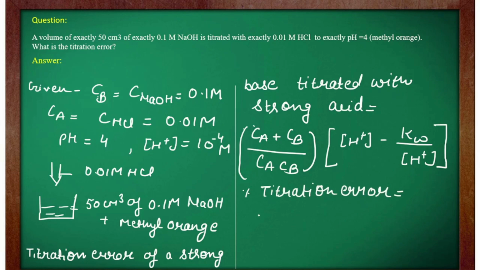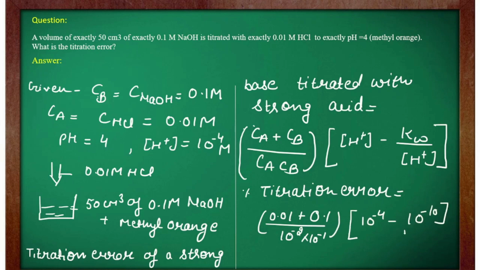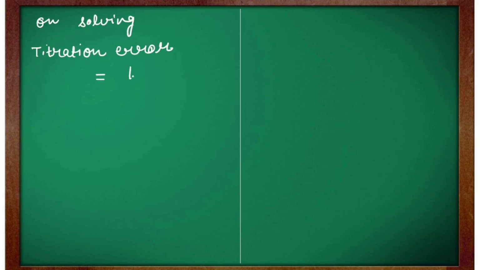Given hydrogen ion concentration is 10 raised to power minus 4. We get titration error after putting all the values and ignoring the small value in comparison to the large value. Percent titration error is 1.11%.